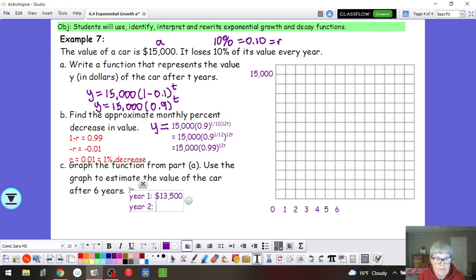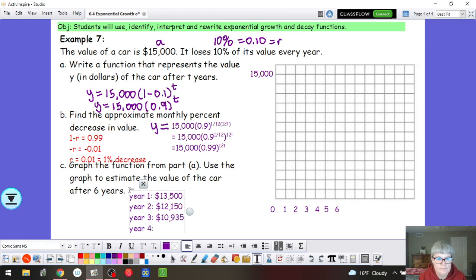So that's 12,150. Year 3, that's going to be 0.9 to the 3. $10,935.